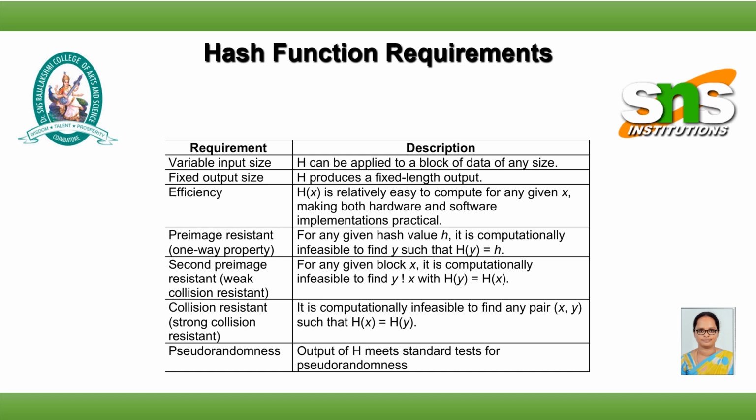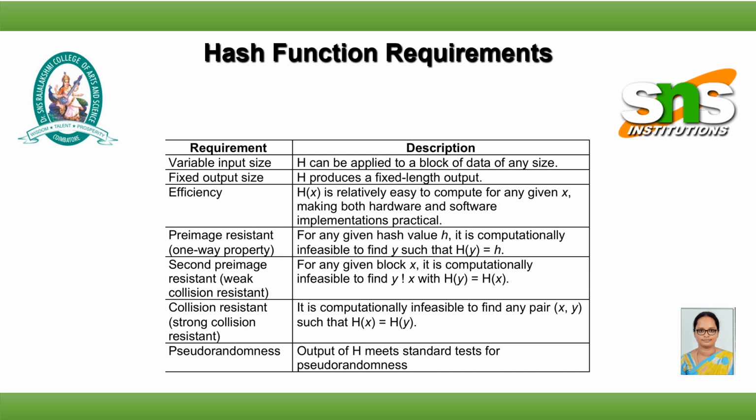Pre-image resistance means it uses the one-way property. So computationally, getting the same output or same hash value for two different inputs is not possible. So that is pre-image resistance.